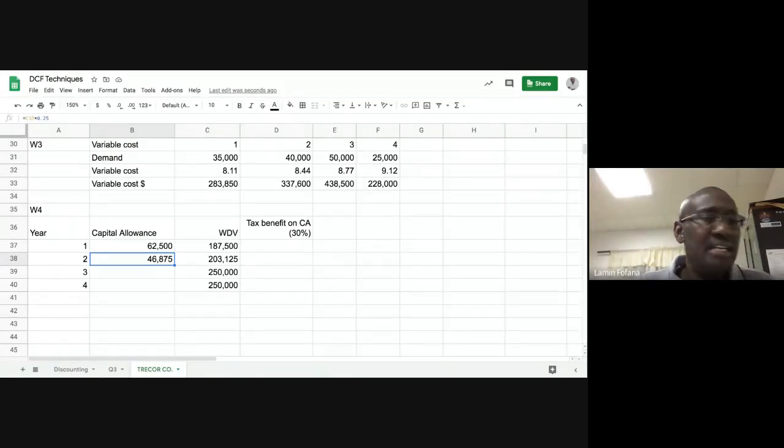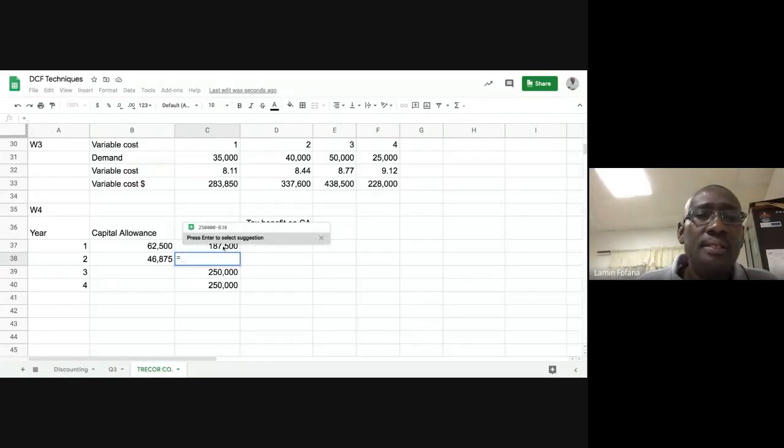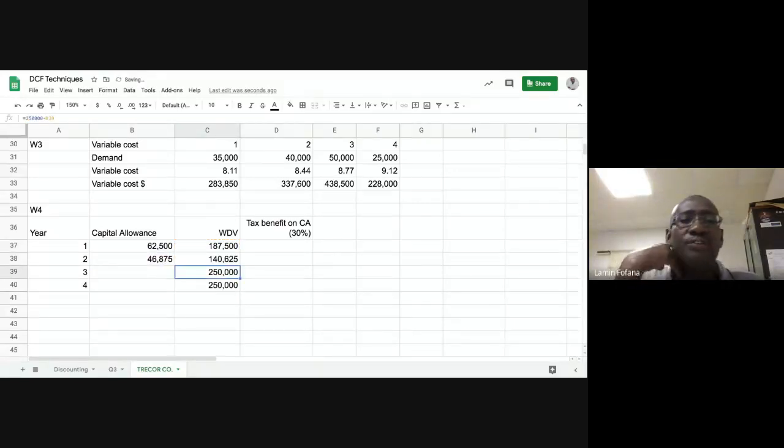Okay? And if that is the case, then what will be our written down value now? Our written down value will be the previous one, this minus that. Okay, so that will be 146.25.